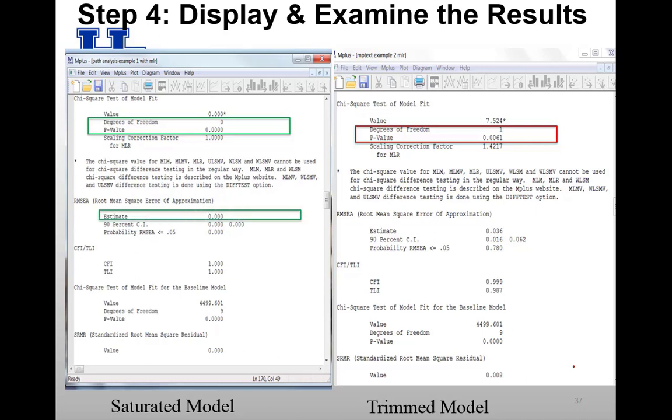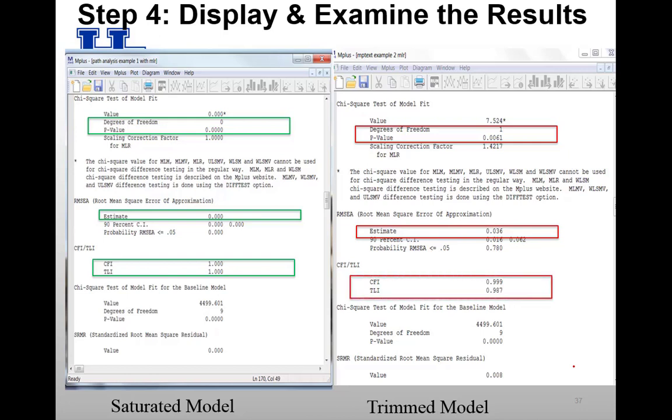And then we compare the RMSEA. We had perfection here, okay? Now here we have 0.036. Remember the cutoff value should be 0.08, right? So we say, well, it is below the recommended reference cutoff value of 0.08. And then we take a look at CFI and TLI.